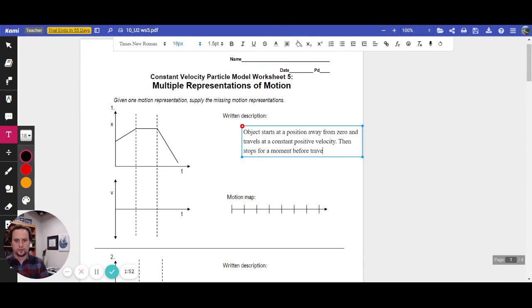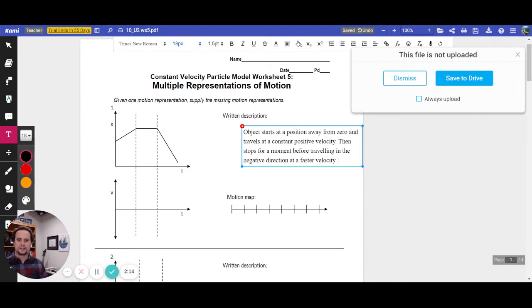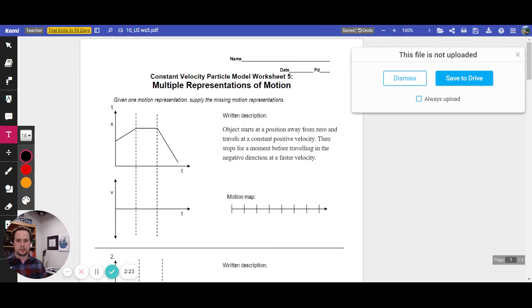So I'll say travels before traveling in the negative direction at a faster velocity. All right, faster than it headed there. So it went forward or it went in the positive direction, and then it stopped, and then it goes back toward in the negative direction quickly or quicker. All right, and so that's what the written description would be like.